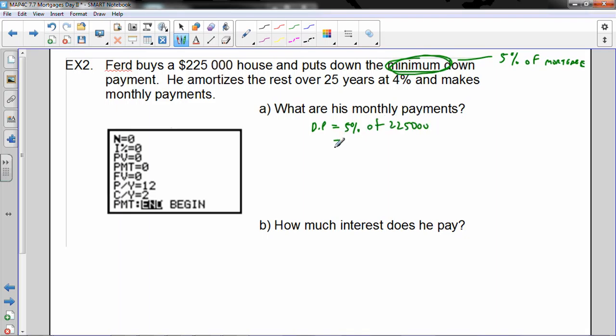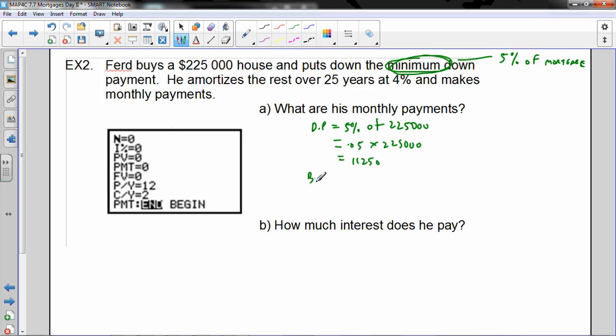$225,000. Good old grade 9 percent calculation there. $11,250. So that was how much he had to pay up front.